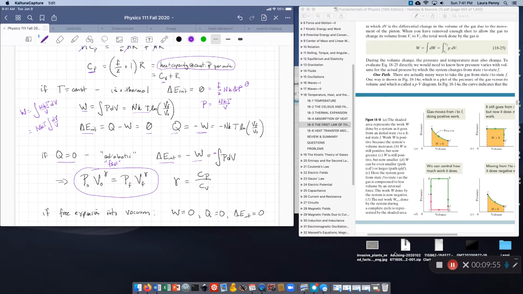And so you can use that relationship to find new pressures and new volumes, or old pressures and old volumes.